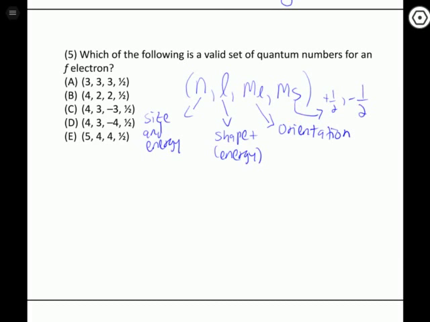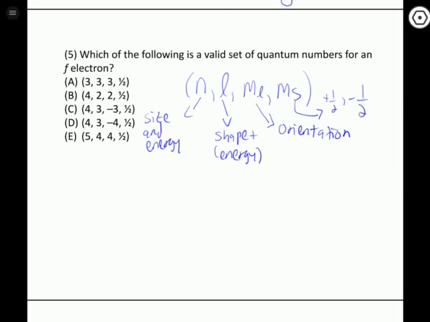Okay, so those are the 4 quantum numbers, and you should be at least a little bit familiar with what they mean physically. But for this question, we just need to figure out which one of these is valid for an f electron. So if it's an f orbital, remember that these letters, s, p, d, and f, tell us the value of L, the second quantum number.